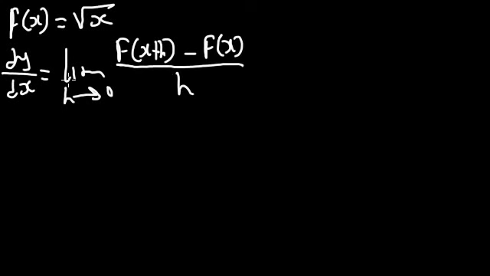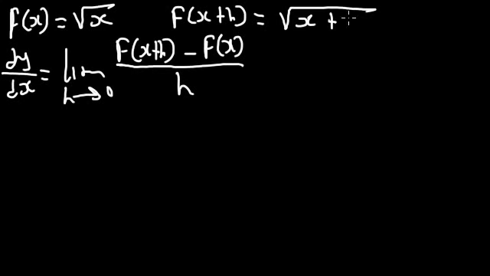Perfect. Now since f(x) is the square root of x, then f(x+h) will be equal to, wherever we see x in f(x), we should replace with x+h, which is simply the root of x+h.